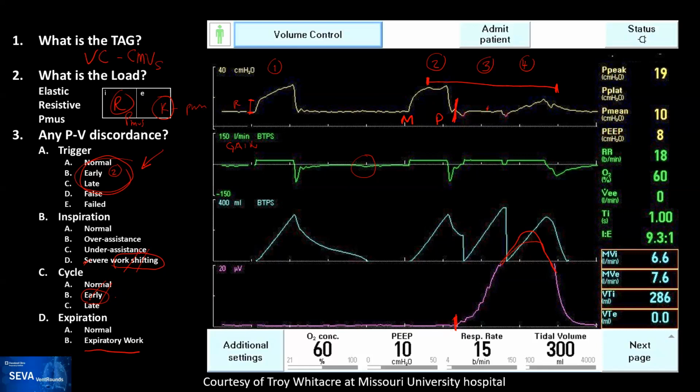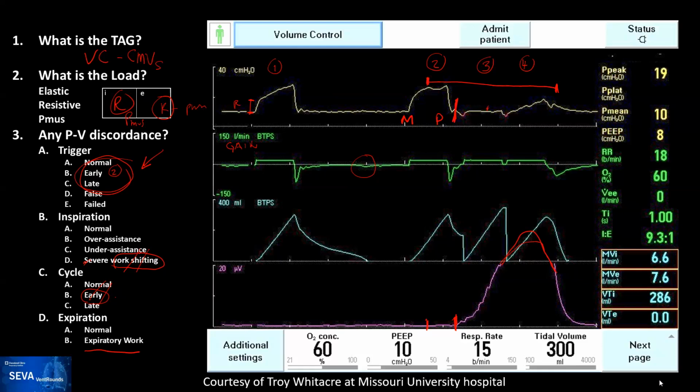Is that because the gain didn't capture that change over here, or another thought was, is there activation of other muscles before the diaphragm, which is kind of odd because usually they activate in tandem with the same behavior. So there's a discrepancy here between what you see here and what you see there.